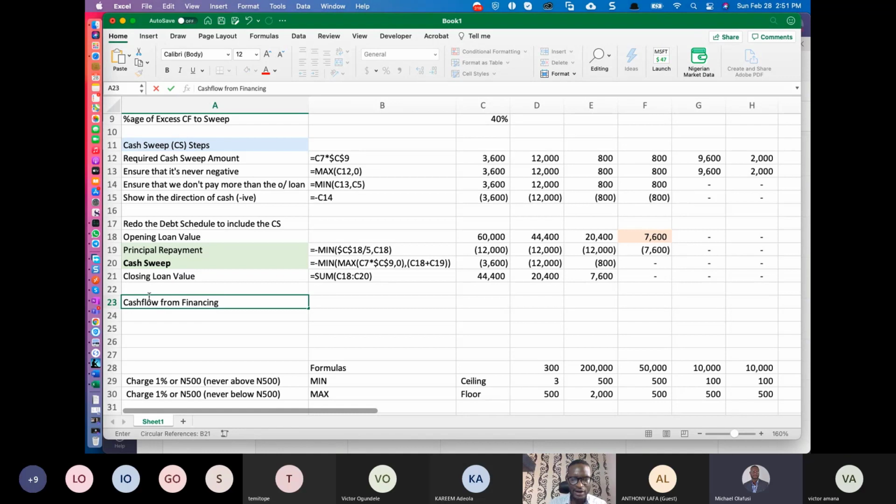You will now be adding the cash sweep, or which will be subtracting, but because we are following the cash direction, let me just say including, so you don't think adding means it must be positive, including the cash sweep. So once you do that, your net cash flow will automatically take it.